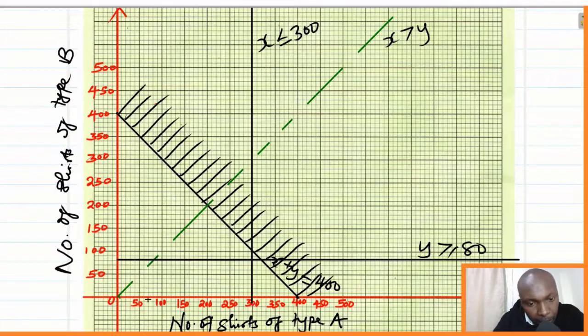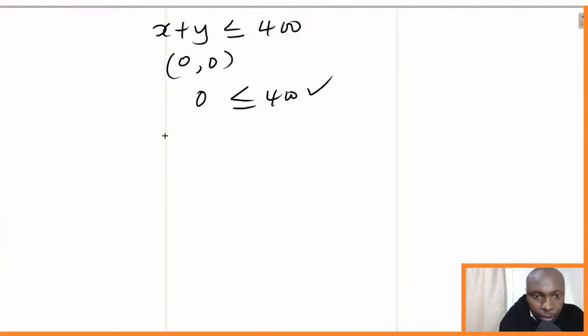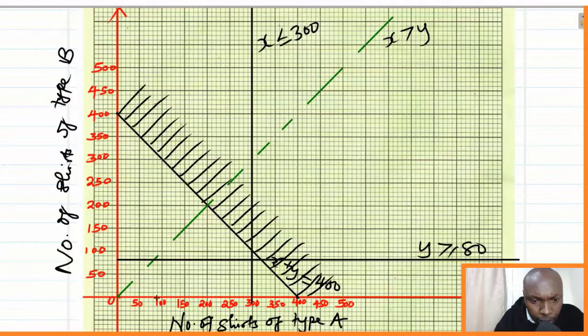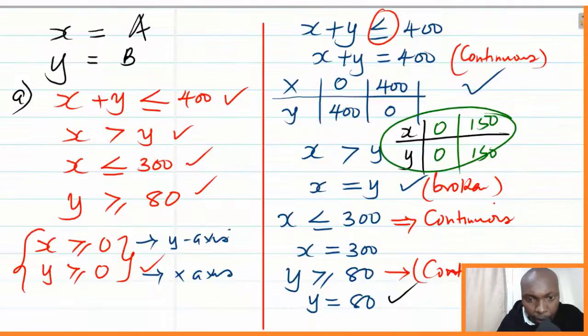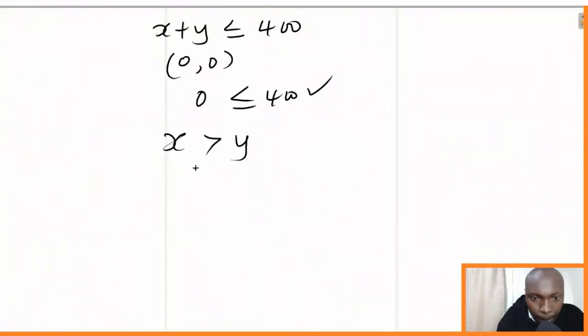So I'll pick a point that falls on this side, like 0, 100, or maybe 100, 200. So let me pick the point 100, 200.